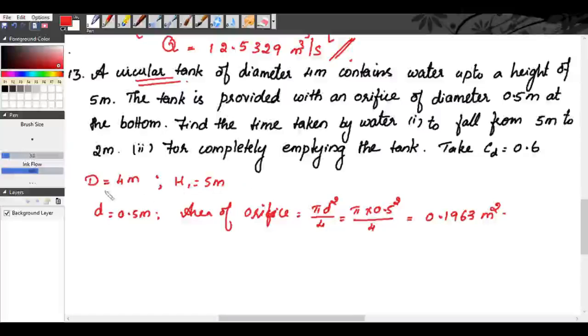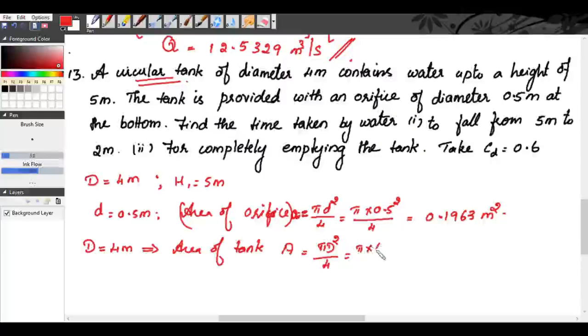Now see, the diameter of the tank is 4 meter. So area of the tank, capital A. Area of the orifice is small a, and the area of the tank is capital A, pi d square by 4.